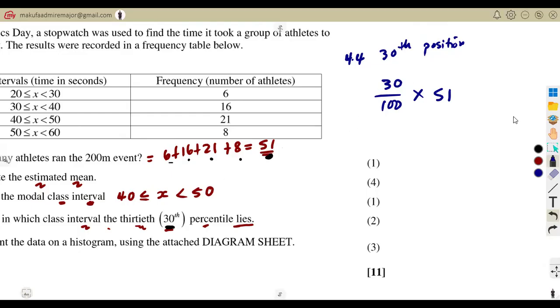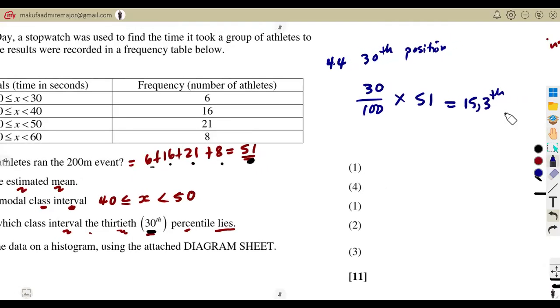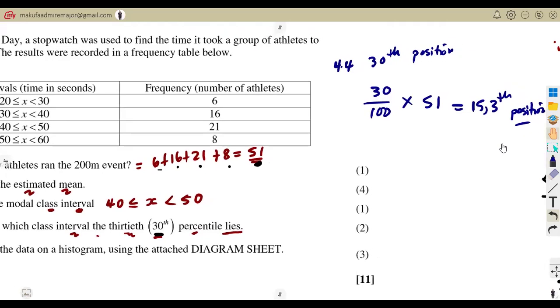If it is grouped data like this, you can just use it as it is. Even if you add one, I'm not saying it's wrong, because other textbooks might give you those formulas like that, but there's no need. So this is the 30th percent of the distribution. We are locating the position. Where is it going to be? So that was going to give you 15,3 as the position. This is the position where it is going to be found. At this value, we are going to find it.